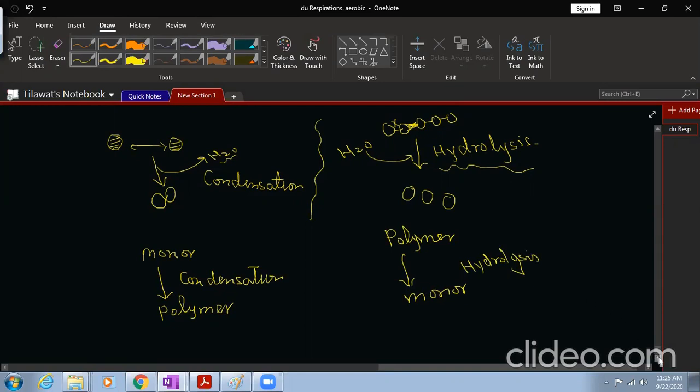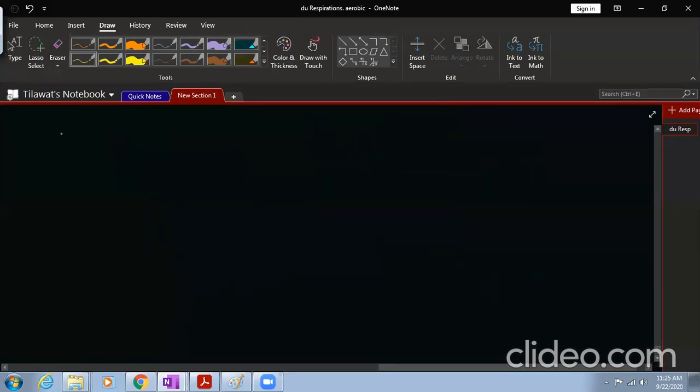Now let's come toward protein. You know, basic unit of protein is what? Amino acid. About 20 amino acids are needed for our body proteins. Now for example, this is one amino acid, okay? This is another amino acid.